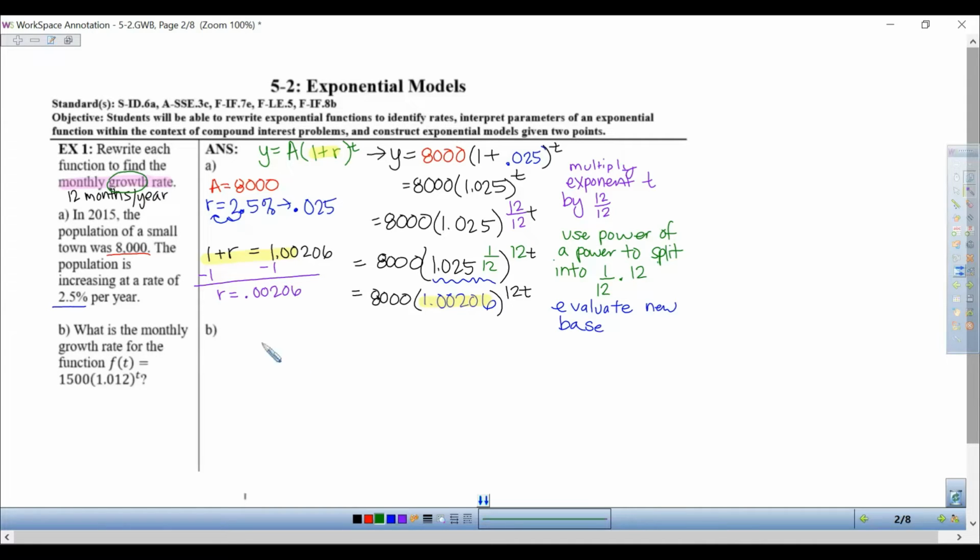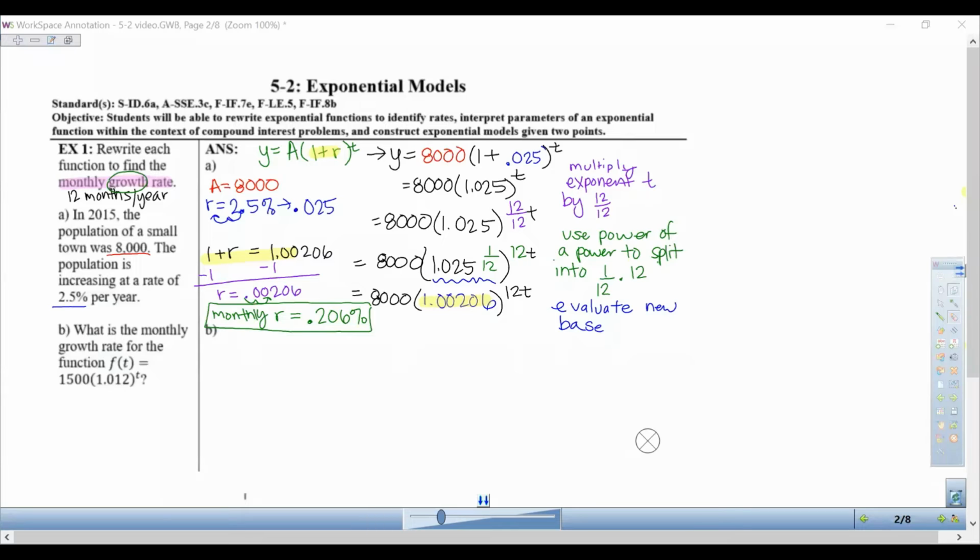And if I convert that back to a percent, that means that my monthly R is equal to 0.206%. Okay, so the monthly growth rate of the population is 0.206%.